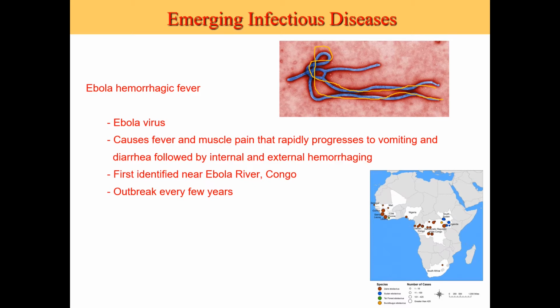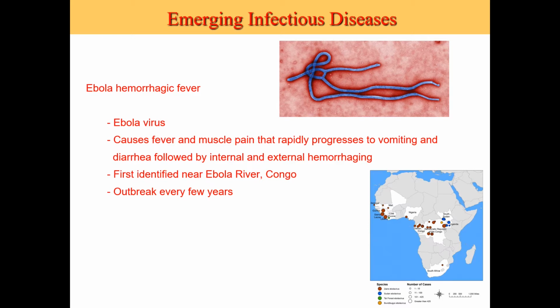The virus causes fever and muscle pain that rapidly progress to vomiting and diarrhea, and bleeding. It's accompanied by internal and external hemorrhaging, and the progression is very, very rapid once a person is infected.